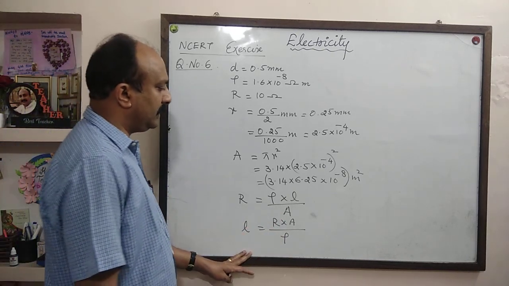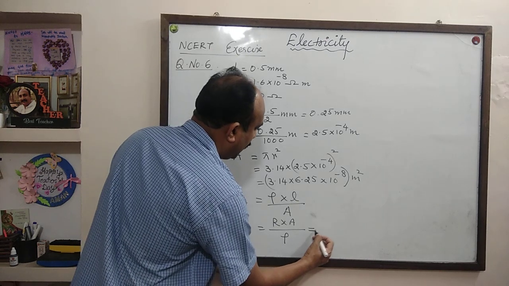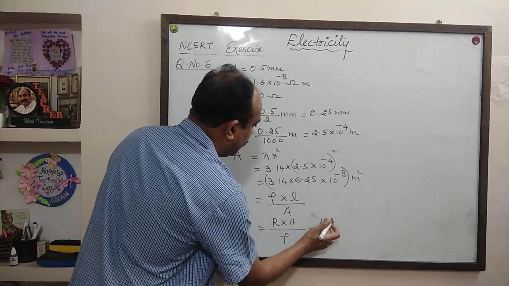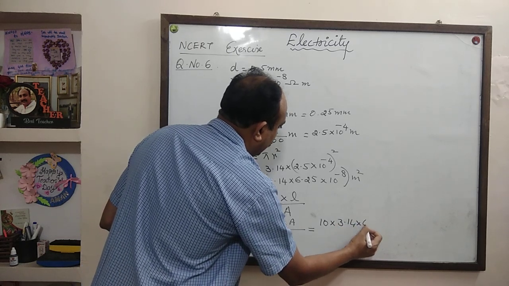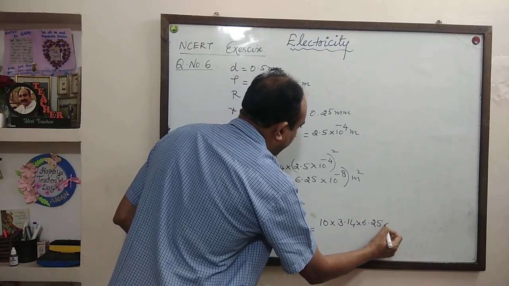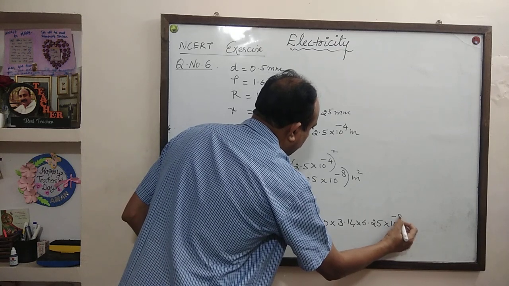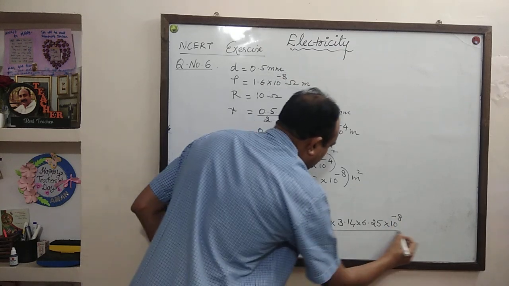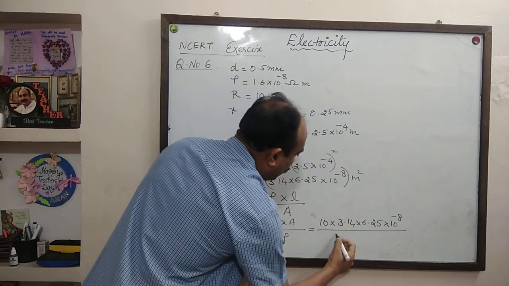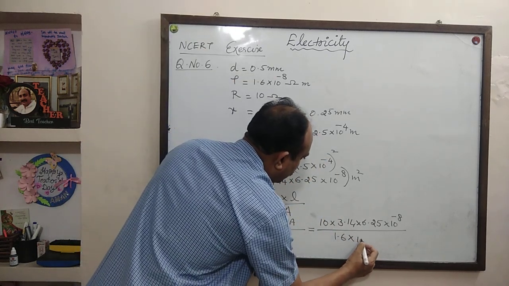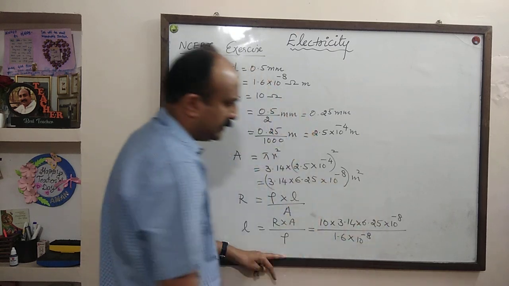Now I am going to put all the values. R means 10, A means this one, 3.14 into 6.25 into 10 raised to minus 8 upon rho value 1.6 into 10 raised to minus 8.